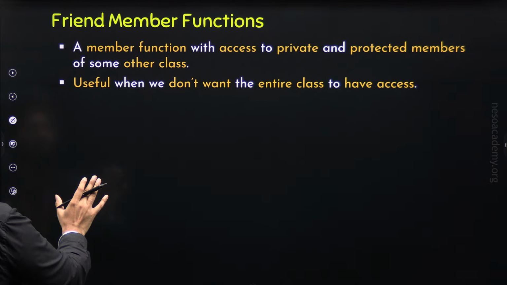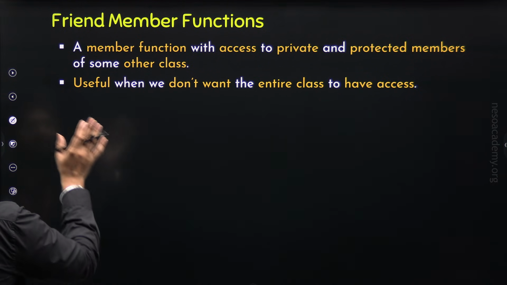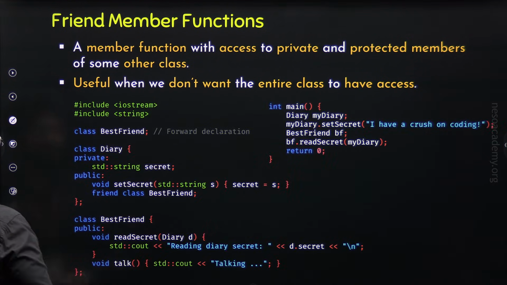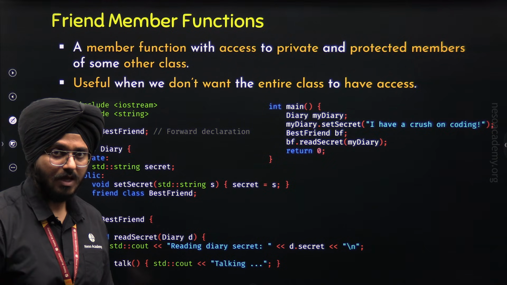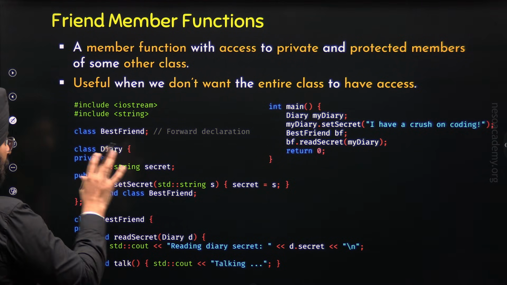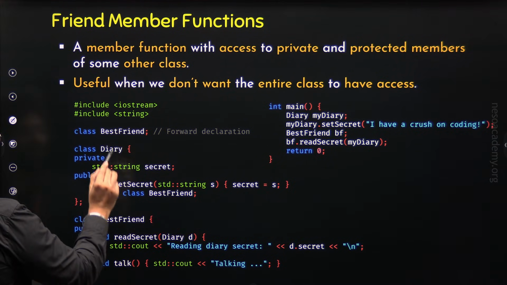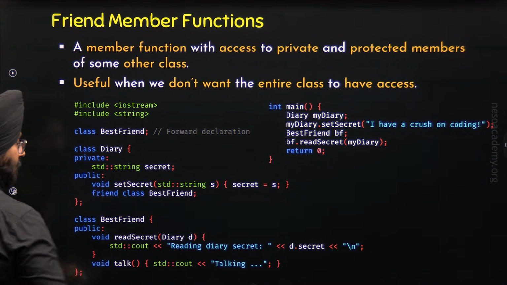Now to make this more clear, let's take the same example program we took in the last lecture. Here is the example program we have understood in the last lecture. Here we have the class Diary, which mimics the real life diary that allows us to set the secret message via this function setSecret.